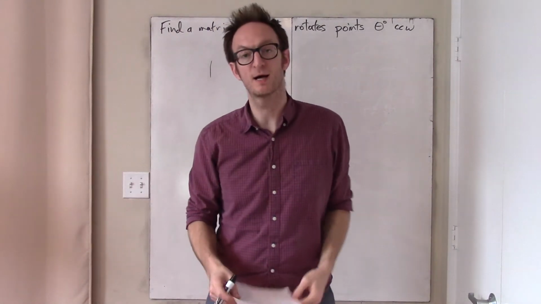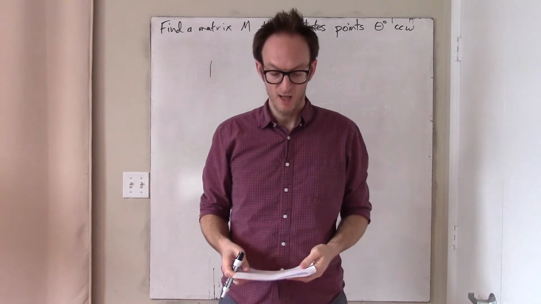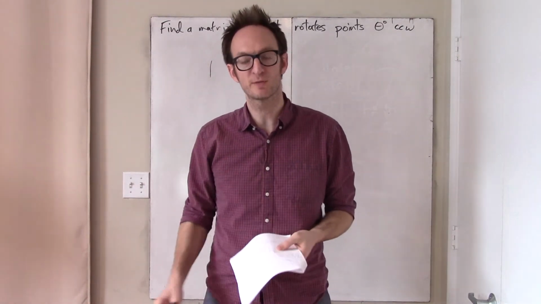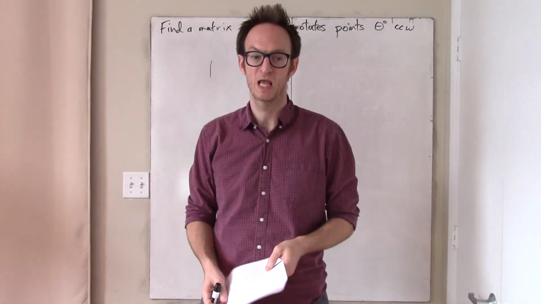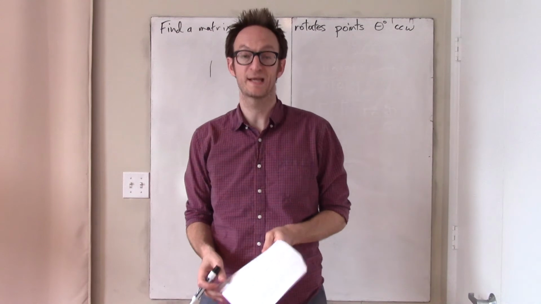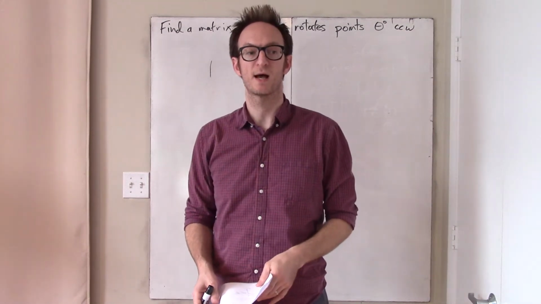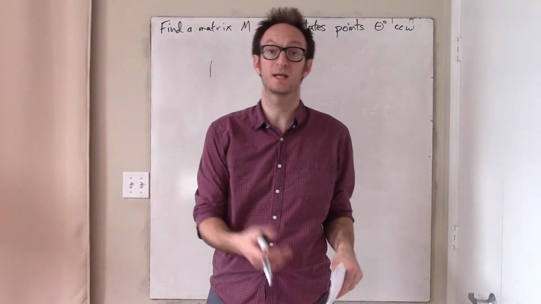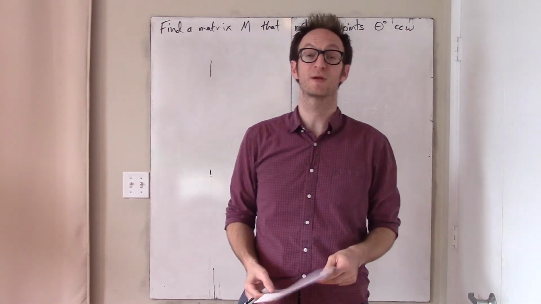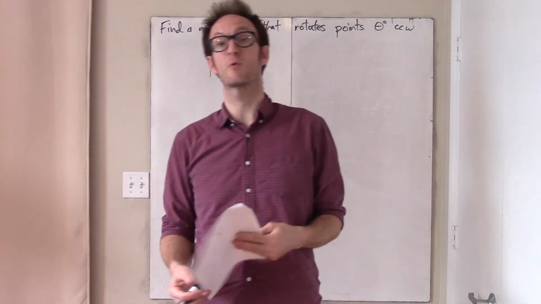Okay, hello. Finishing up from class on Thursday, we ended with the grand conclusion being the matrix basis theorem, which enables us to write a 2x2 matrix to perform any kind of transformation that we want by simply looking at what that matrix does to (1, 0) and (0, 1).